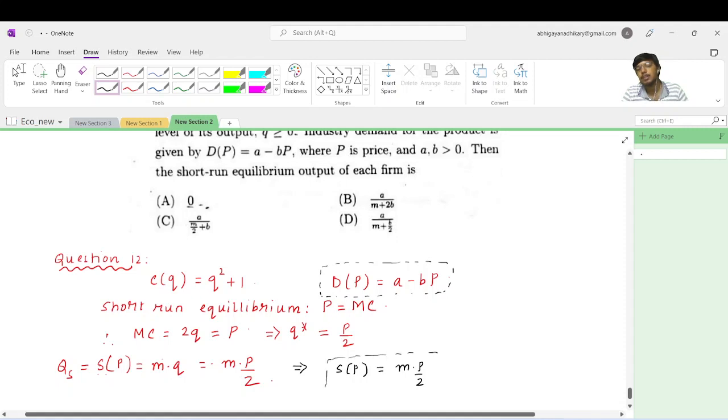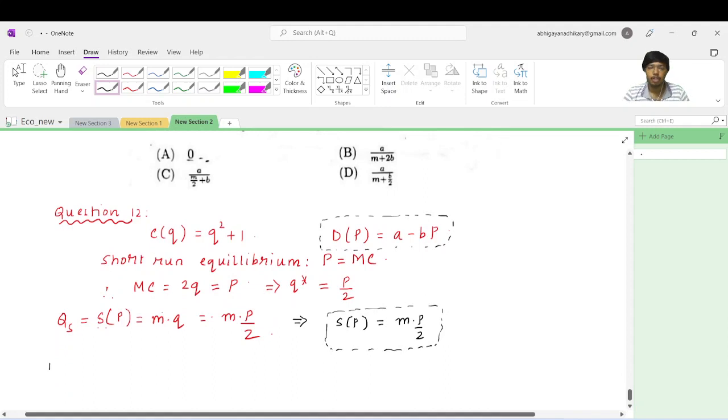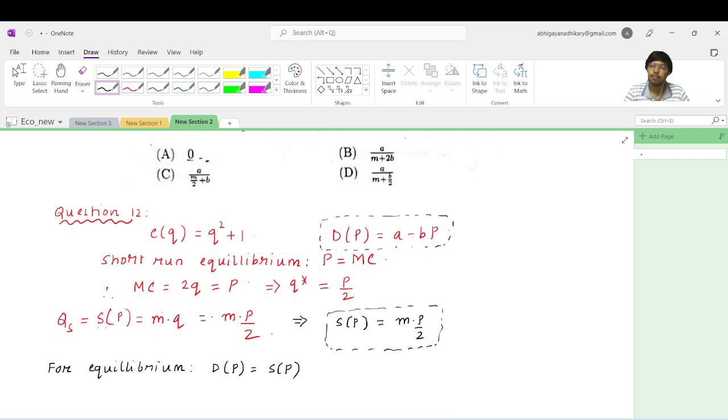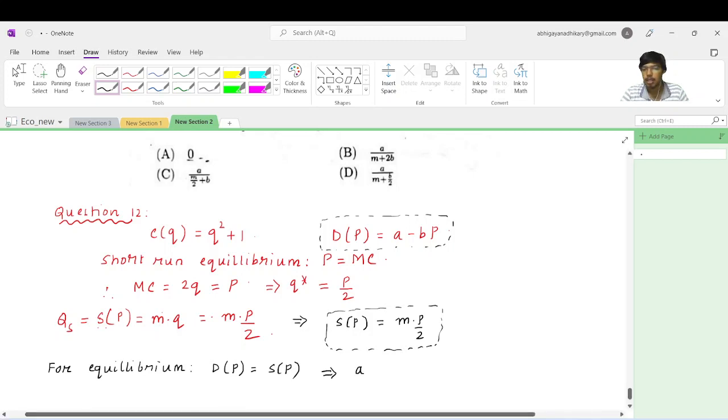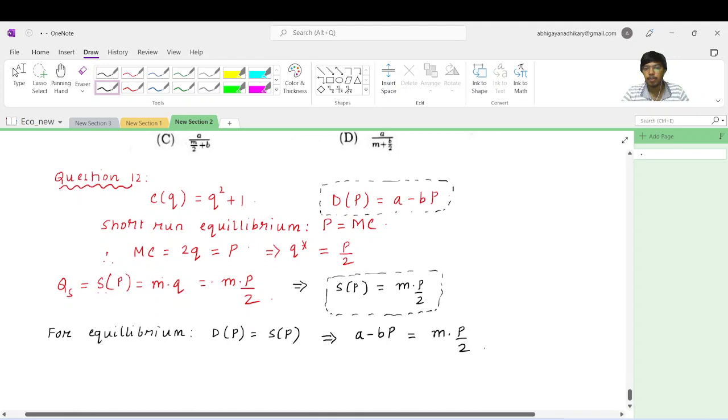From here we can easily get our equilibrium price in the market. So for equilibrium, D of P equals S of P. That means A minus BP equals M times P by 2. So from here, A equals M by 2 plus B, times P.